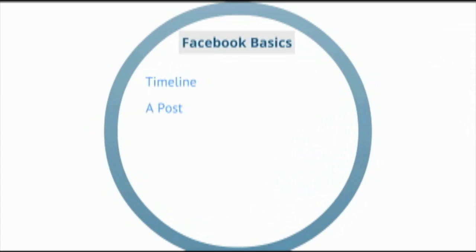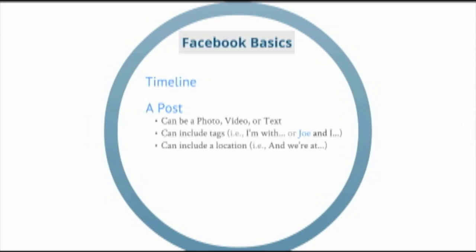So a post on Facebook: you can post on your own timeline, and you can post on somebody else's timeline. Anytime that you post, typically it can be a photo, a video, or just text. When you post a photo or video, you can also post text with it. You can even post multiple photos.